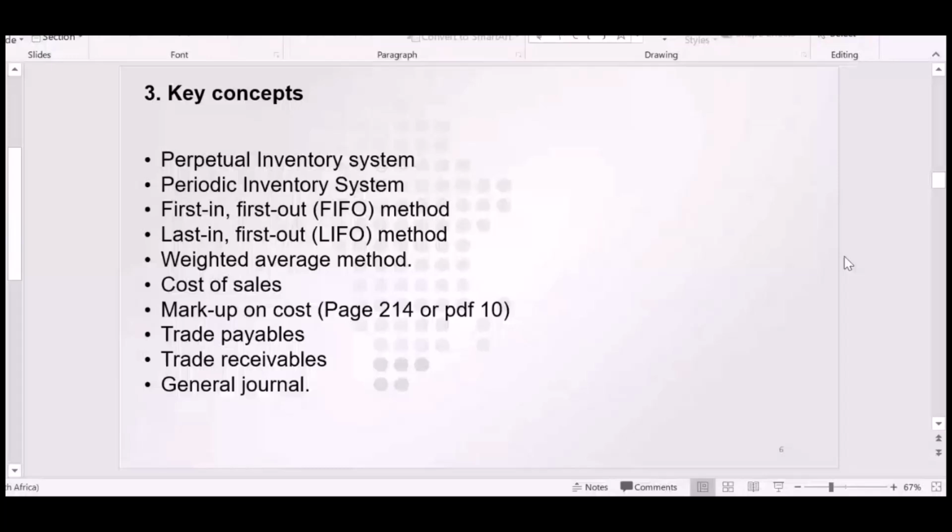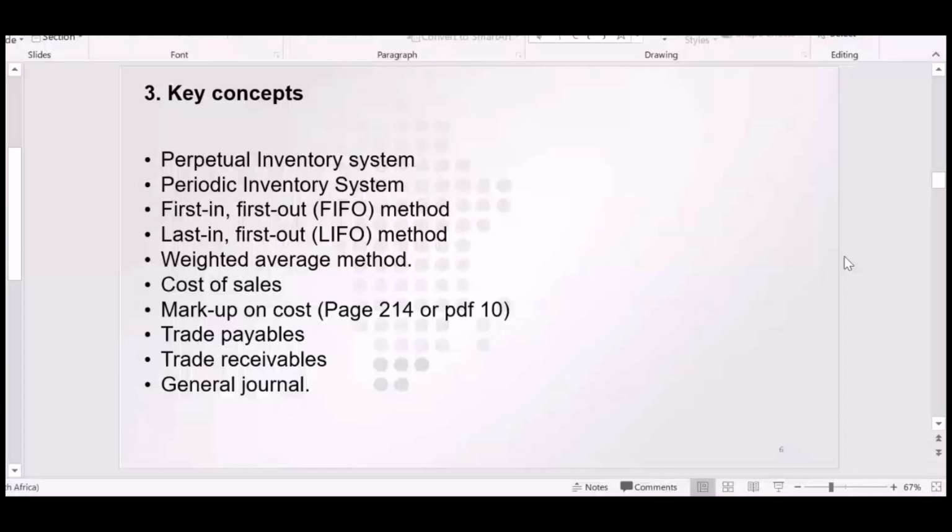Here are the concepts that we have listed on the screen: the inventory systems, the perpetual inventory system, the periodic inventory system, the first in first out inventory valuation method, the last in first out inventory valuation method, or LIFO, the weighted average method, and the cost of sales, the markup on cost of sales, trade payables, trade receivables, and general journal.